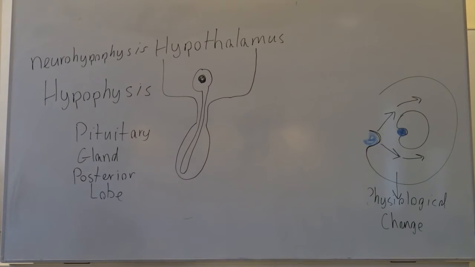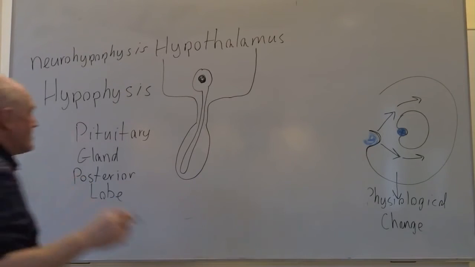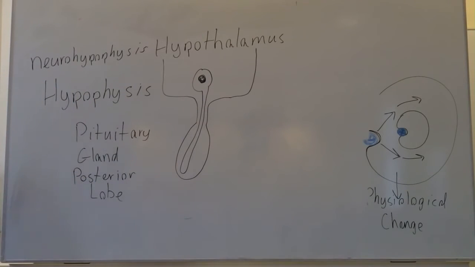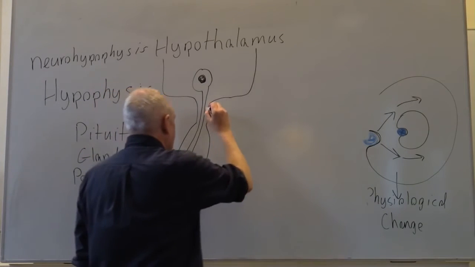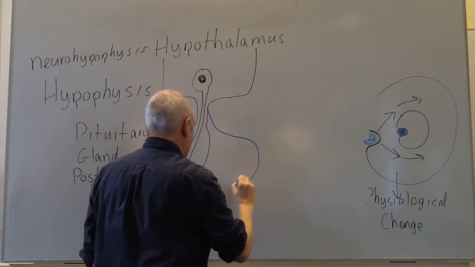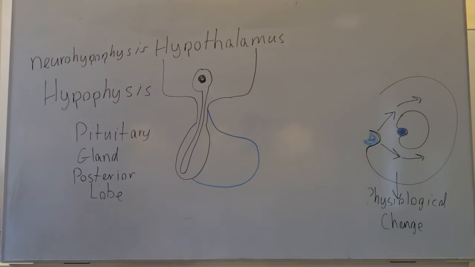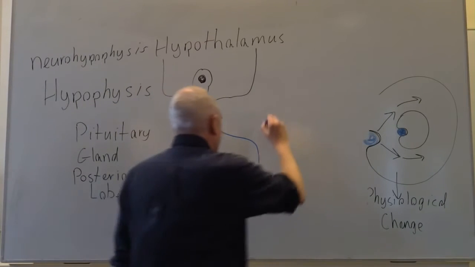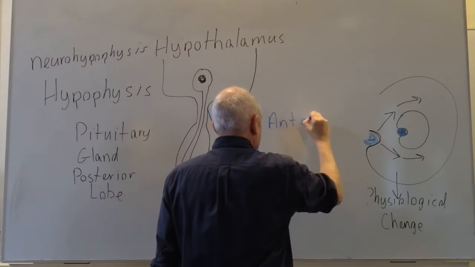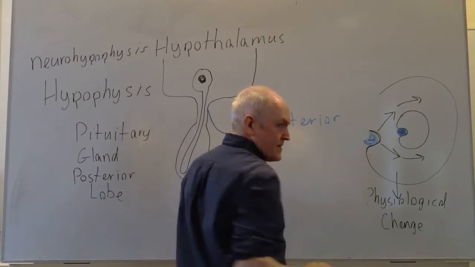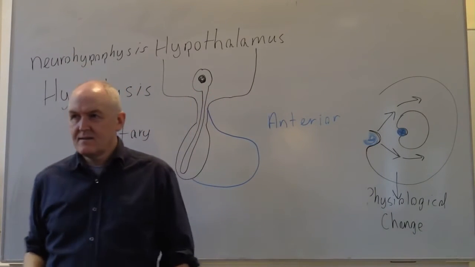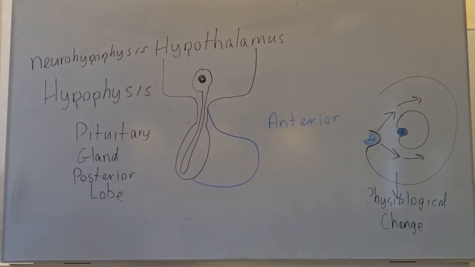Now, the front part of the pituitary gland, let's have a different colour. The front part of the pituitary gland is a larger lobe, like this. And front, of course, is anterior, isn't it? That is the anterior lobe of the pituitary gland.